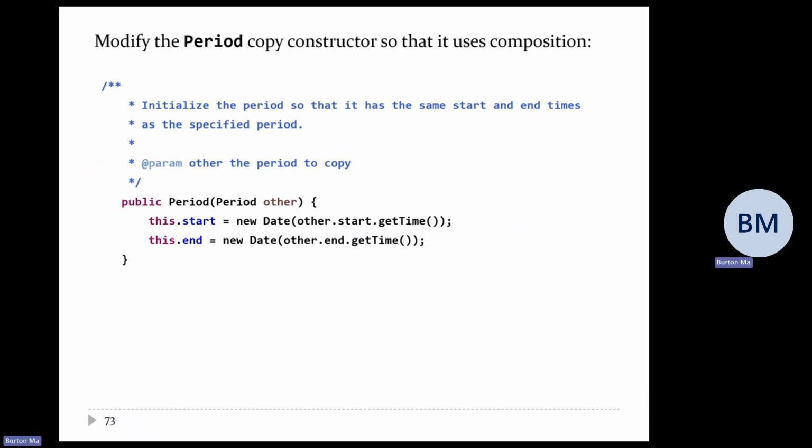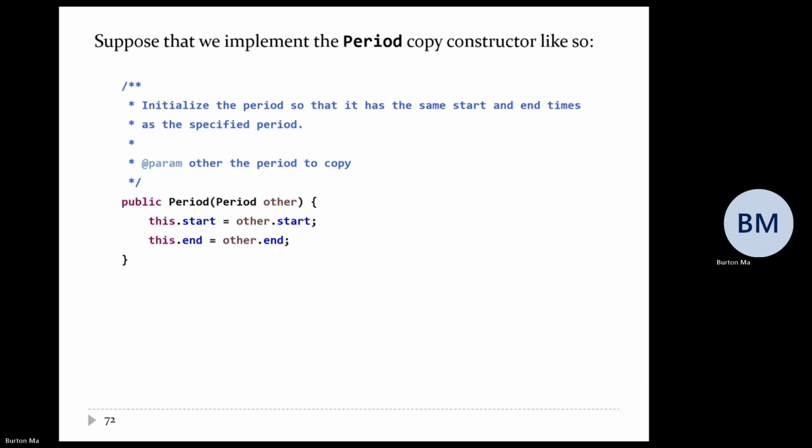So what is the point of making the copies? Remember, in a composition, you have to make sure that in this case, the period object has exclusive access to its start and end time. If it doesn't, and you just write that, then if the other period object changes its start or end time, the start and end time of this period object is the same object, so it also appears to change.